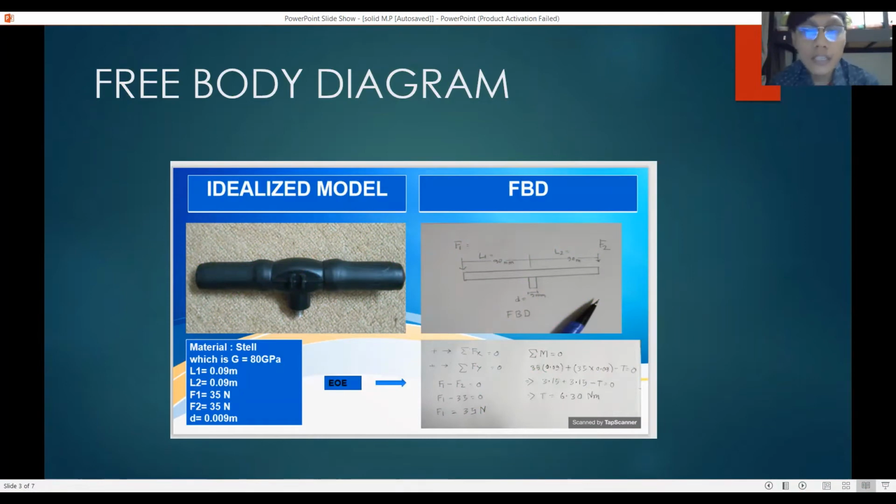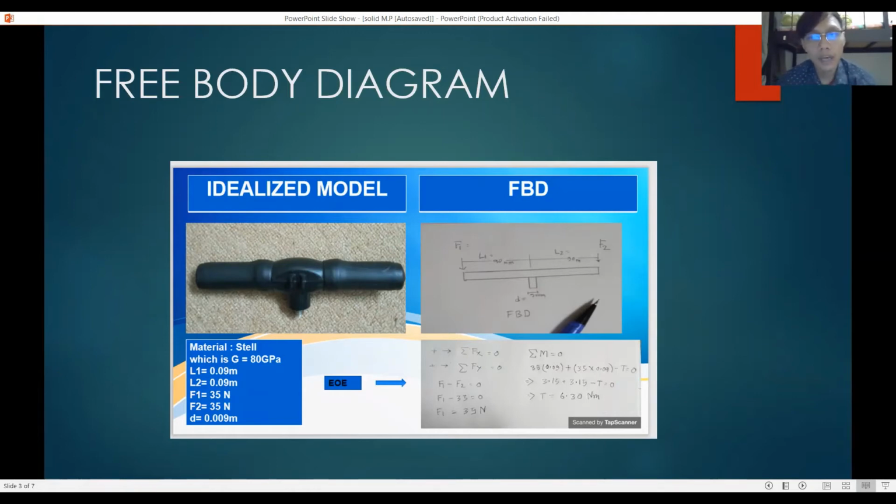As you can see here, this is our FBD. We use equilibrium: sum of Fx equals 0, sum of Fy equals 0, F1 minus F2 equals 0, F1 minus 35 equals 0, so F1 equals 35 Newton.